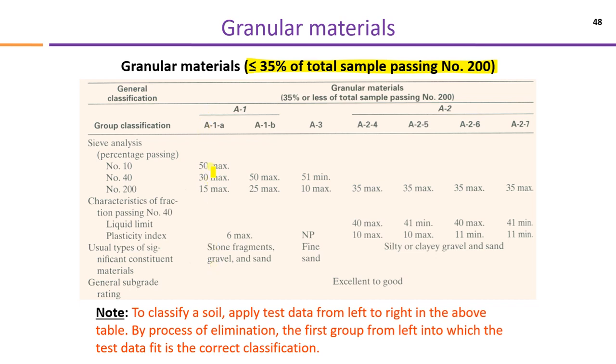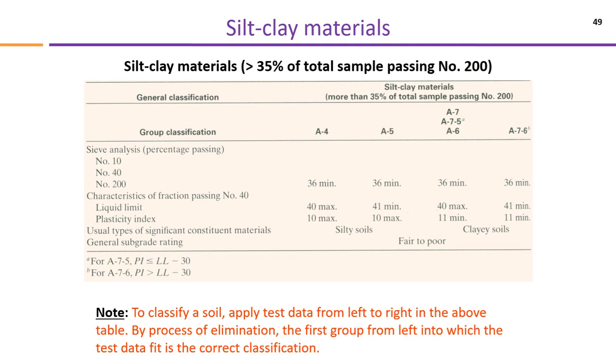If one of the conditions is not satisfied, we move to the right, and keep moving till all the requirements are satisfied. Then we stop and say, this is our soil. This other chart is for silt clay materials, where the passing is more than 35%. We will see how to use this table when we do examples.